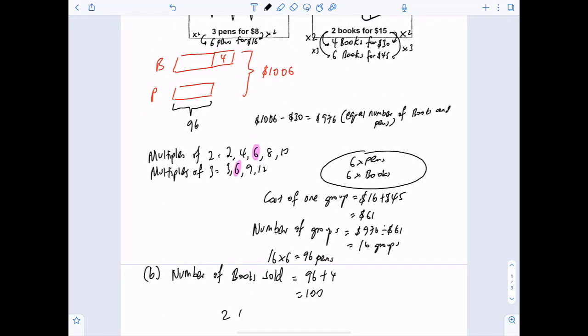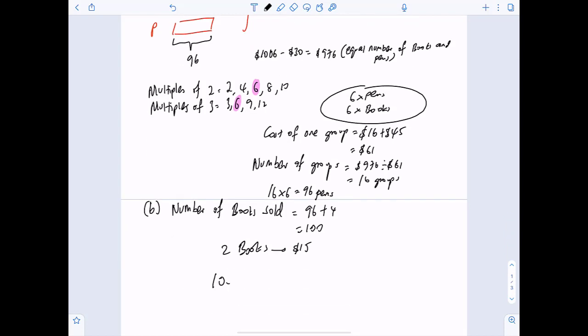And remember, 2 books cost $15. So if you have 100 books, from 2 to 100, you have to times 50. Why 50? Because 100 divided by 2, that will be 50.